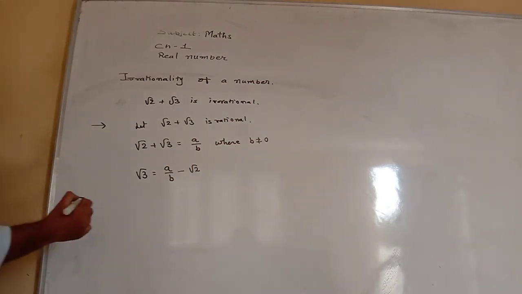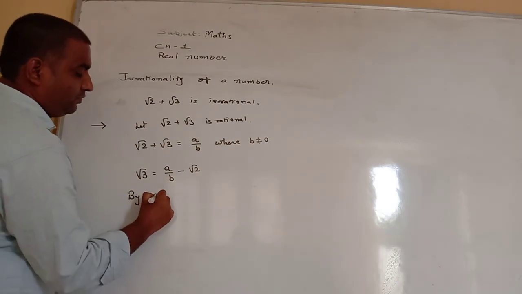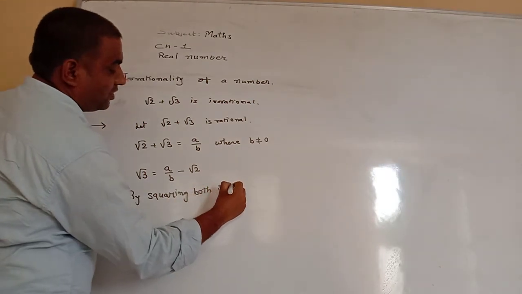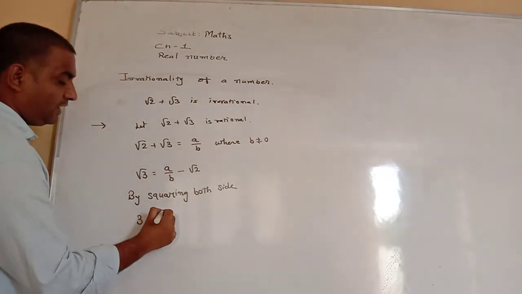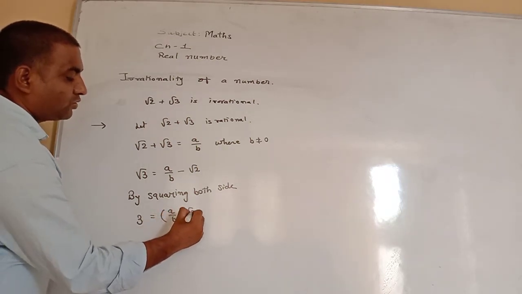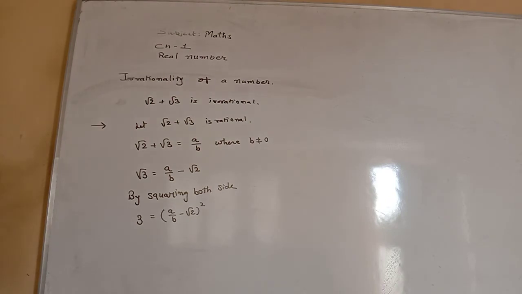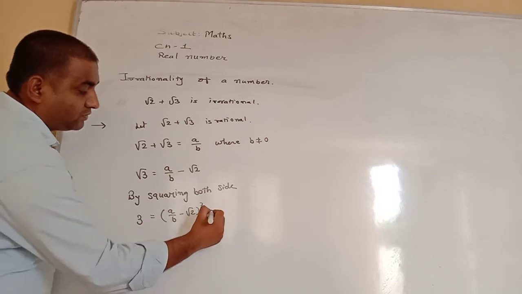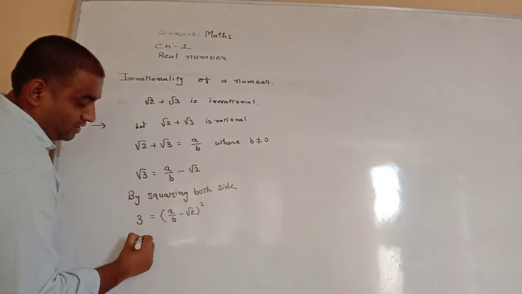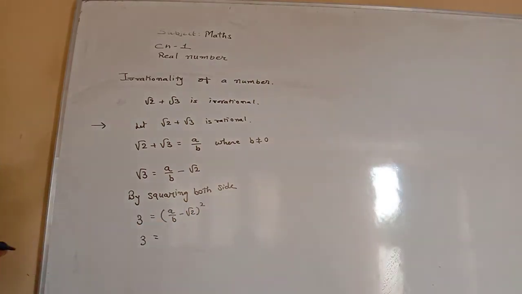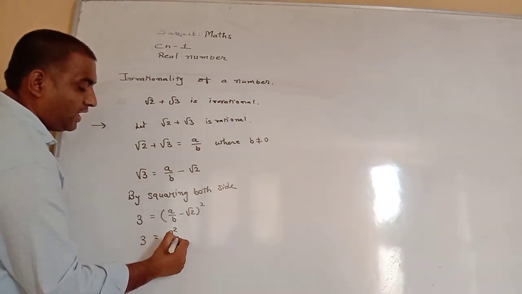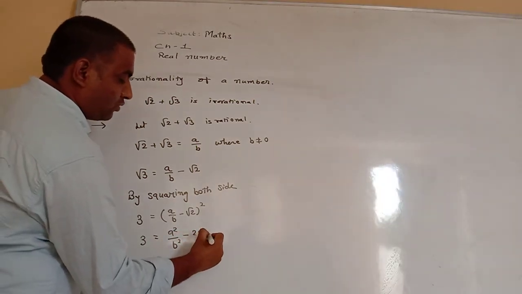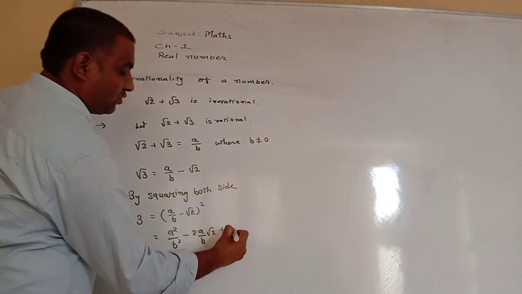Now by squaring both the sides, root 3 squared will be 3, and here (a by b minus root 2) whole squared. By simplifying it will become 3 equals a squared by b squared minus 2a by b into root 2 plus 2.